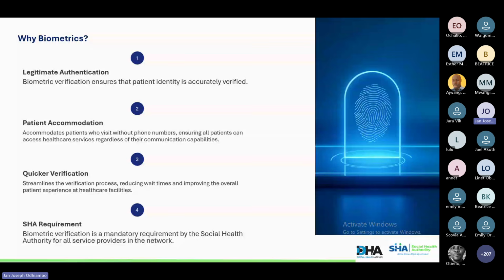They rely on relatives to issue OTPs, and this takes a lot of time. With biometrics, we are going to accommodate every person, because you're going to use their own fingerprints, and reduce any lapses or time consumption to improve the whole experience in terms of speed. Yeah, and it's a requirement by the government that all service providers are supposed to be using biometrics. So through sessions like this, we're able to understand how the workflows are happening.